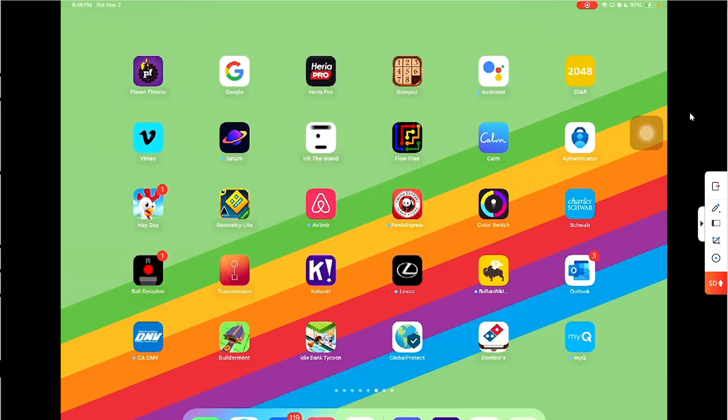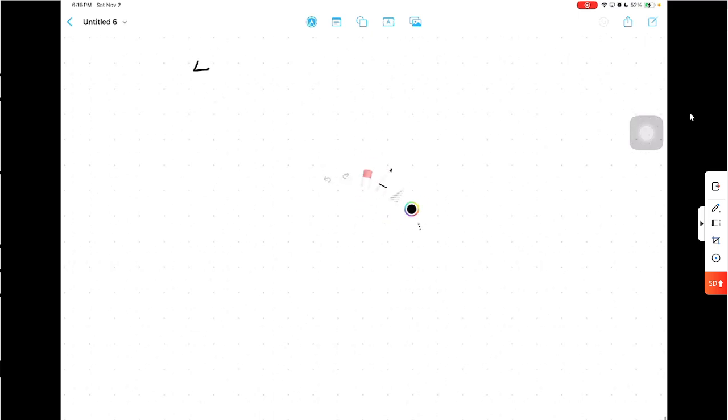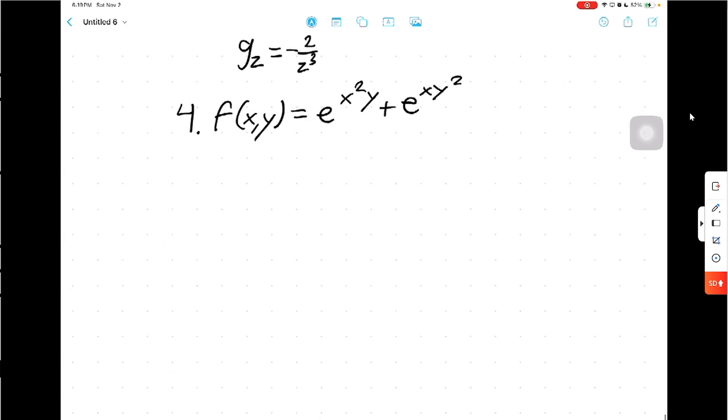Right, 4. F of xy is equal to e to the x squared y plus e to the xy squared. Part A tells us to find the tangent plane, so we're going to first take some partial derivatives.